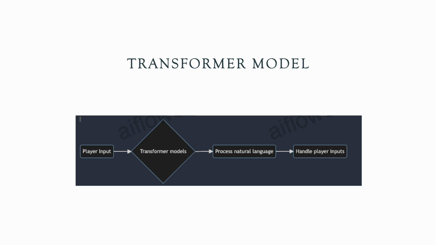The GenAI system allows for emergent gameplay where the actions of players and AI characters can lead to unexpected outcomes. This makes the game more engaging and replayable, as no two sessions are the same. Moreover, the GenAI system allows for complex interactions that go beyond the scope of traditional game mechanics.